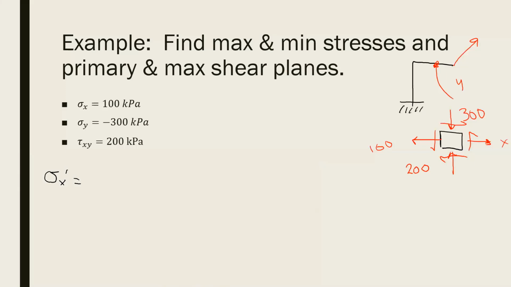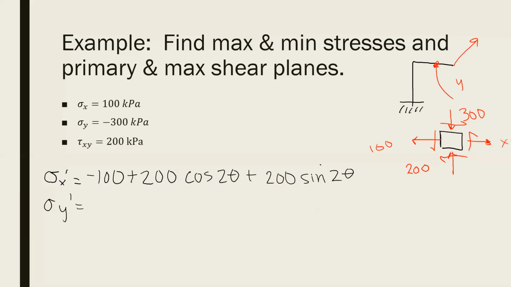What is the average of these two normal stresses? Perfect, negative 100. Plus, what happens when you take sigma x minus sigma y and divide by 2? Get 200. And then cosine of 2 theta plus tau xy, which happens to be 200 as well, sine of 2 theta. So that's our equation for sigma x prime.